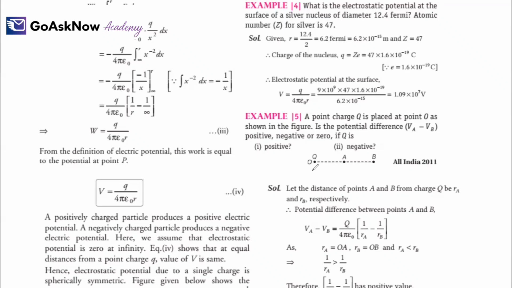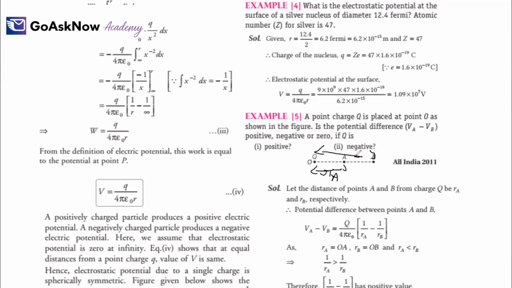So let the distances of points A and B from charge Q be RA and RB respectively. This is assumed here in this question: this is your RA and this is your RB.